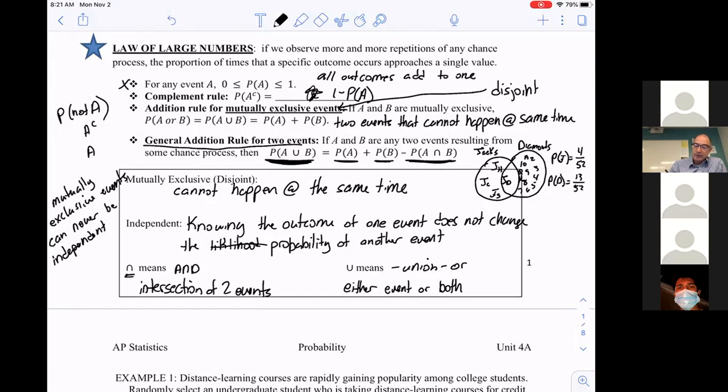Now the thing I want to find out is, what is the probability of a jack or a diamond? If I add those together, the probability of a jack plus the probability of a diamond, a jack is 4 out of 52 and a diamond is 13 out of 52. That looks like it should be 17 out of 52, which is wrong.